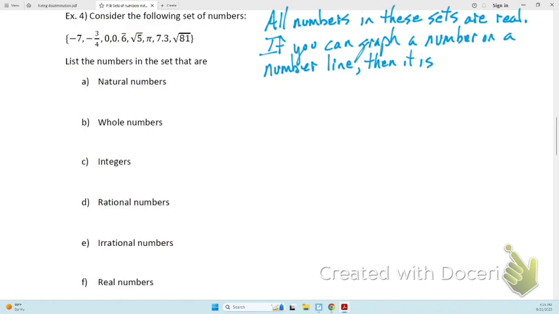Now that's not the definition, but it's one way to think about it. So for real numbers, you can just copy every number I typed. They're all real. And for the rest, maybe hit pause and try and do it yourself. See if you can do it without me. And I will move right into it.